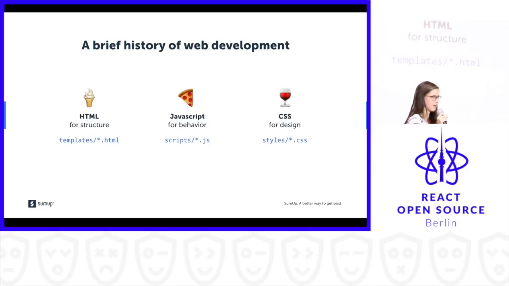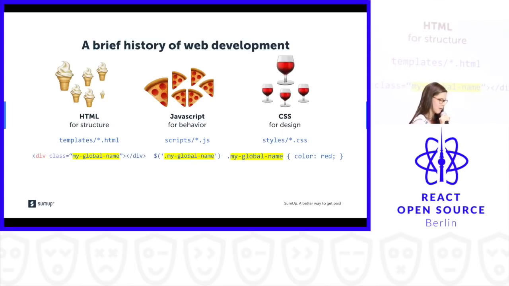For a long time, this is exactly how we thought of our separation of concerns, right? We thought our structure should be separate, behavior should be separate, design should be separate, and that made us feel pretty good. The reality was that actually this got really out of control, right? We had massive templates. We had JavaScript that was changing things all over the page. You couldn't track where it was coming from.